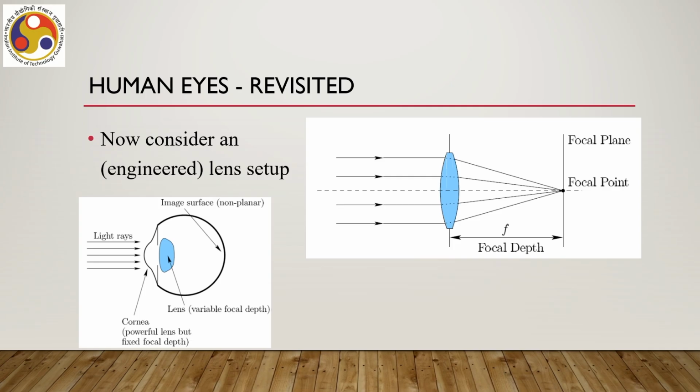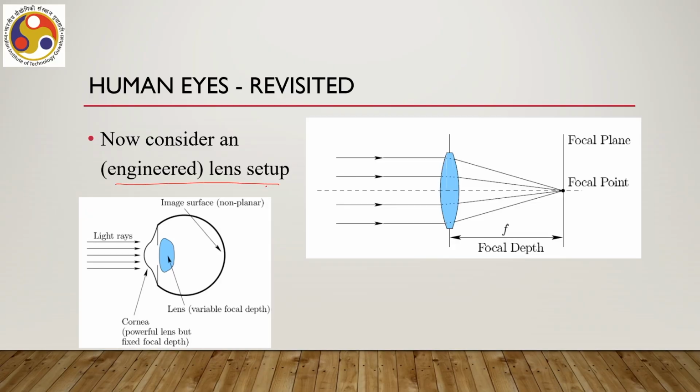That is the natural human eye. Now, let us consider an engineered lens setup. This is the engineered lens, an artificially created lens. Parallel lights coming from the left side converge to a focal point which is on the focal plane, and the distance between the lens and the focal point is the focal depth.